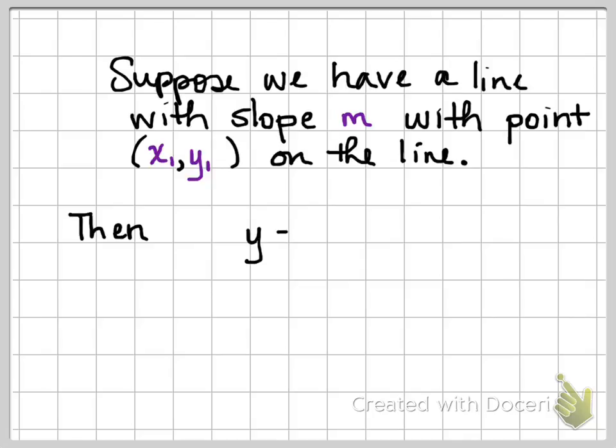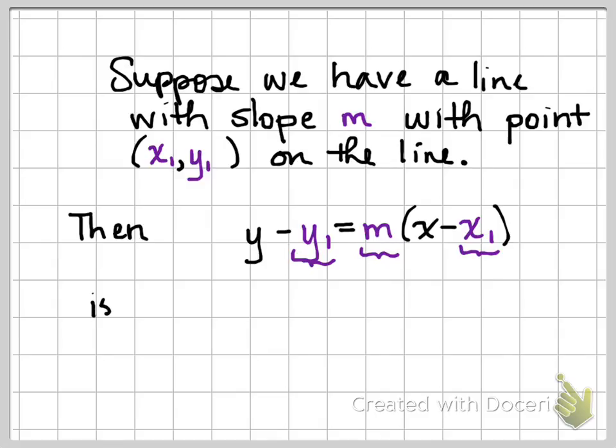Then y minus y1 equals m times (x minus x1), again where we're filling in numbers for y1, m, and x1. Then this equation is an equation for the line.